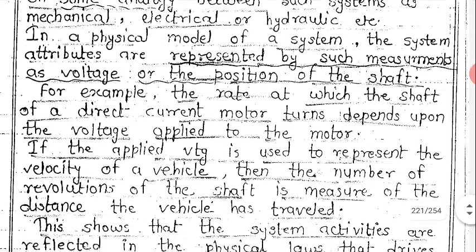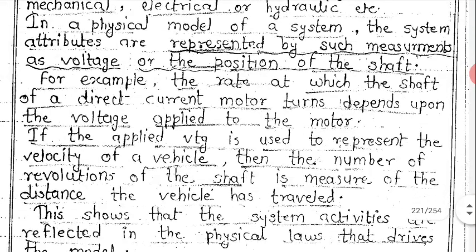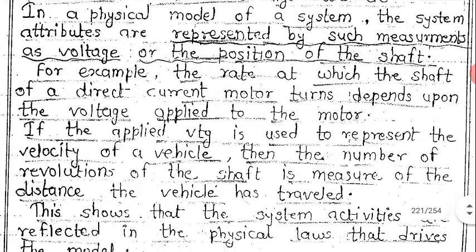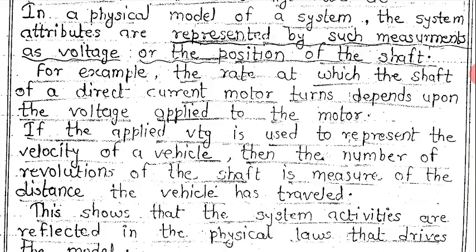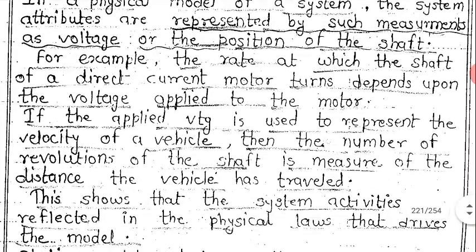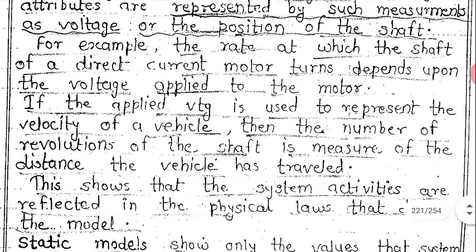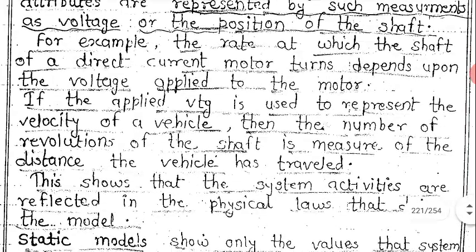We can take an example with the voltage and the position of the shaft in an electric motor. The rate at which the shaft of a direct current motor, a DC motor, turns depends on the voltage applied to the motor, because as the amount of voltage increases, the turning of the shaft also increases, and it is dependent on the voltage.